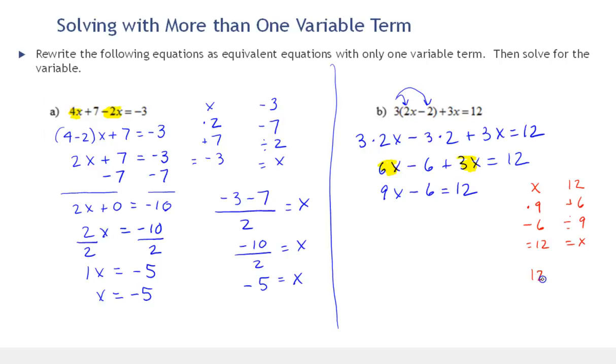So 12 plus 6, all divided by 9, equals x. This is 18 over 9 when I add, and 18 divided by 9 is 2. So we get a result of 2 using construction and deconstruction.